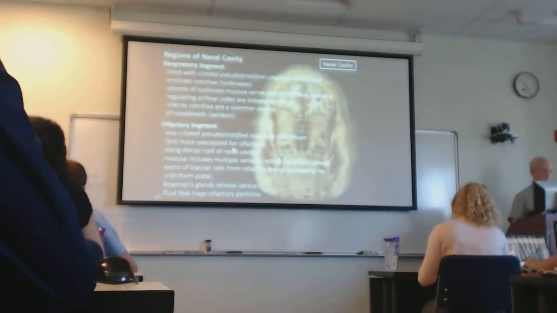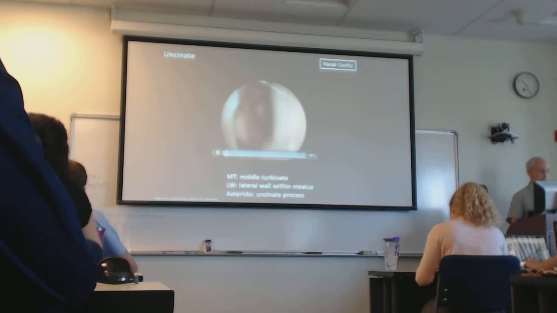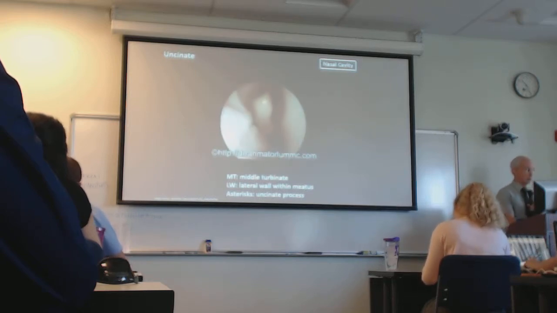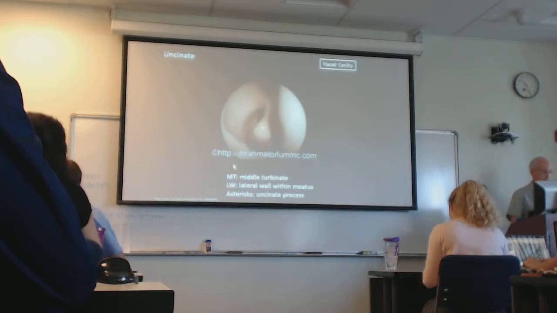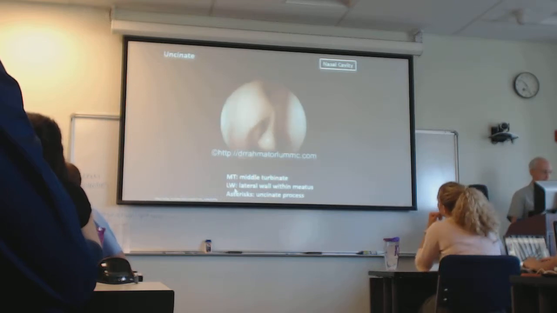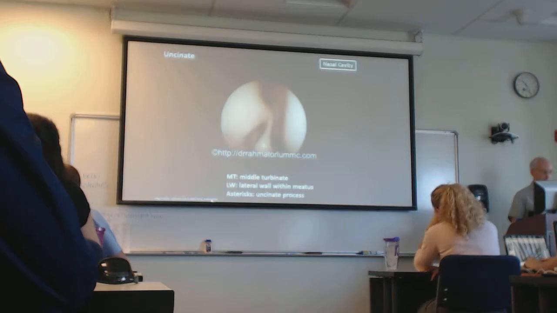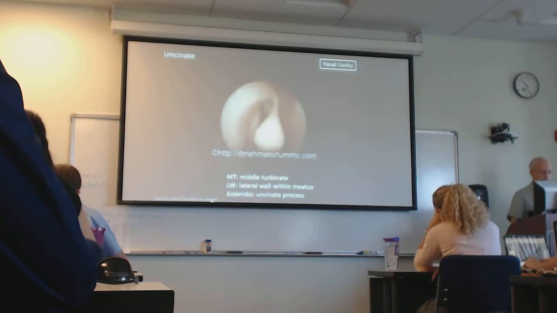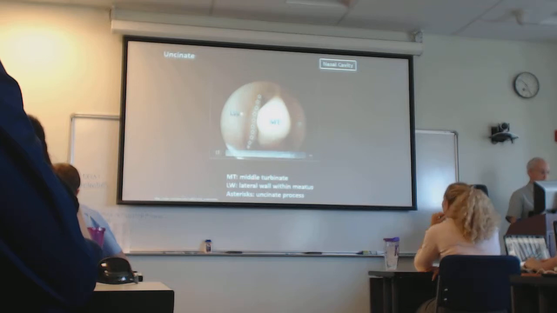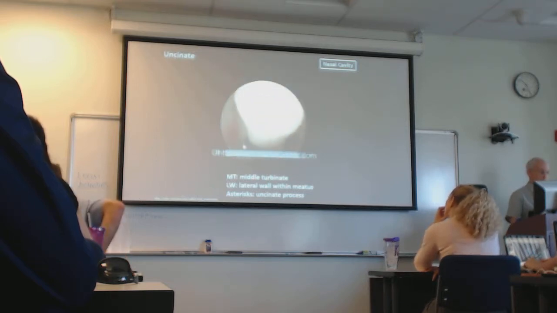So we're going in here, and immediately you should be able to identify the concha and the meatus. So that would be the concha there, the turbinate, lateral wall, and then that's the meatus there.